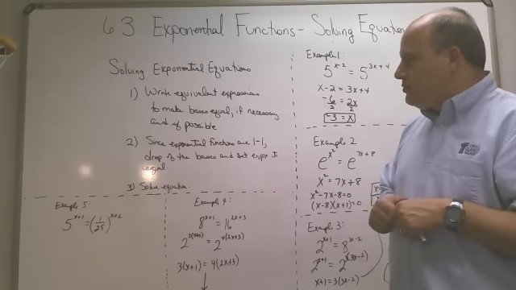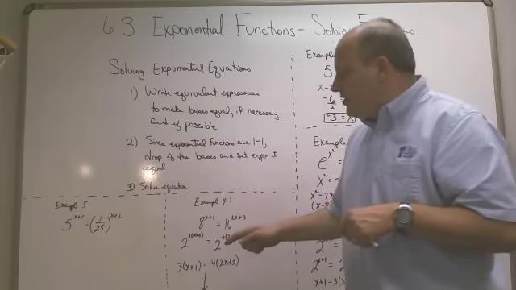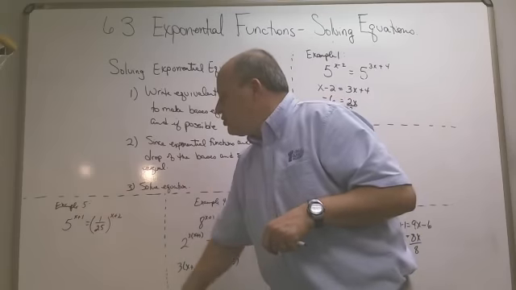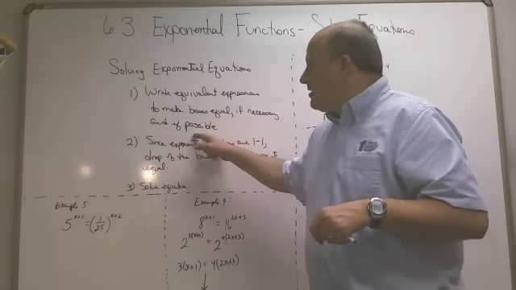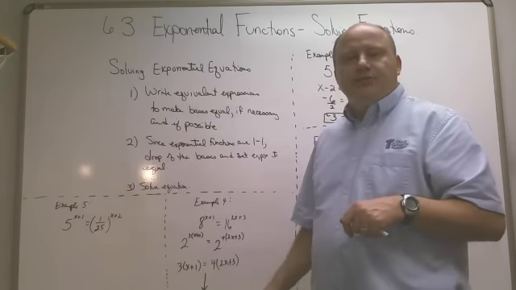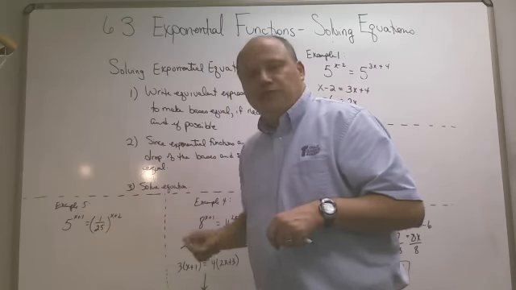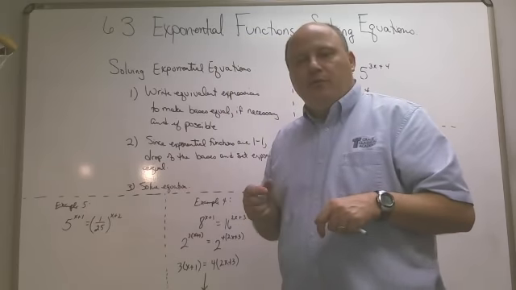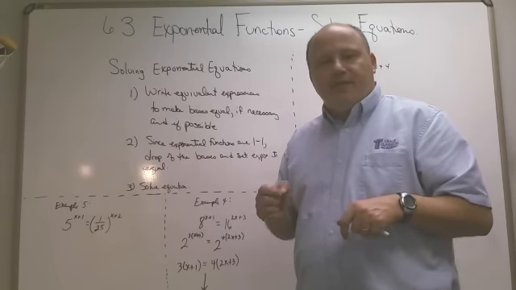Now, 5 to the x plus 1 equals 1 over 25. At first glance, you're thinking there's no way you're going to make 1/25 base 5. But it's still possible. You can change 1/25 because 1/25 is 1 over 5 squared. And if you remember your negative exponent rule, 1 over 5 squared is 5 to the negative 2.